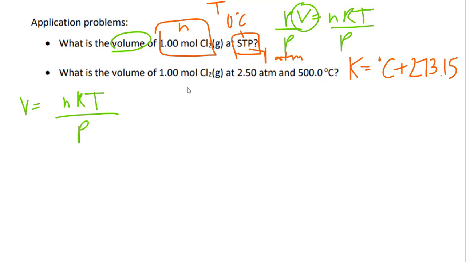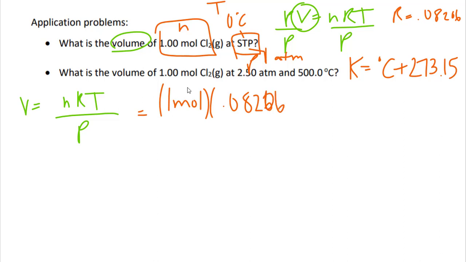So this is my pressure. I have 1 mole, that's my n. My R, I'll write up here what R was, remember, it was 0.08206, and there are our units.